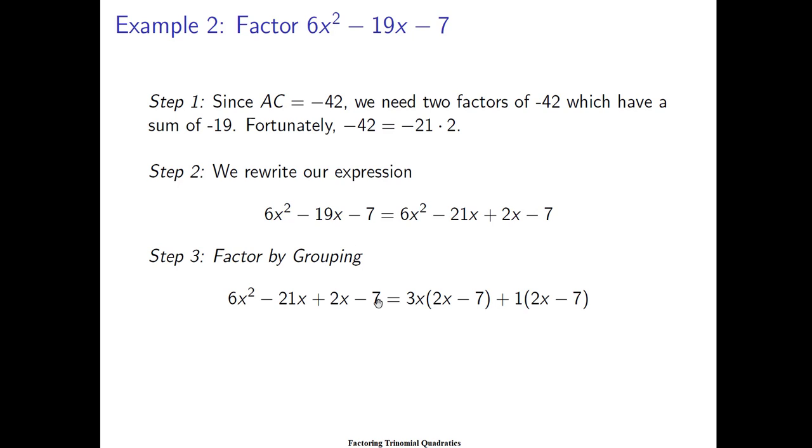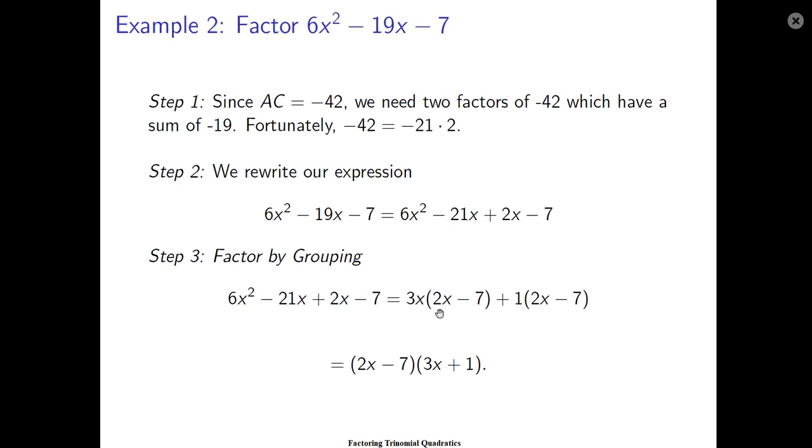Now for the last 2 terms here, the last pair, 2x and negative 7 have nothing in common. And you can see, just for teaching reasons, I pulled out a 1 and left those in parentheses. Now the parentheses aren't necessary, they aren't required, but since I've done that, you can see that if you consider this to be the sum of 2 terms, both of those terms have a 2x minus 7 in them.